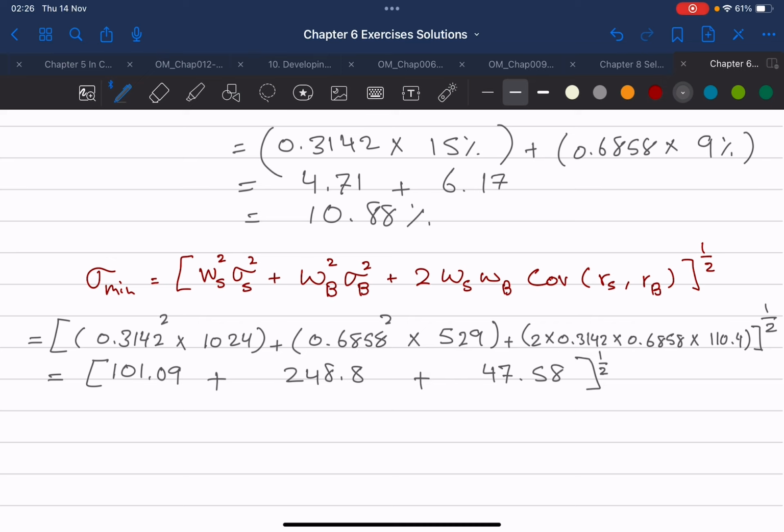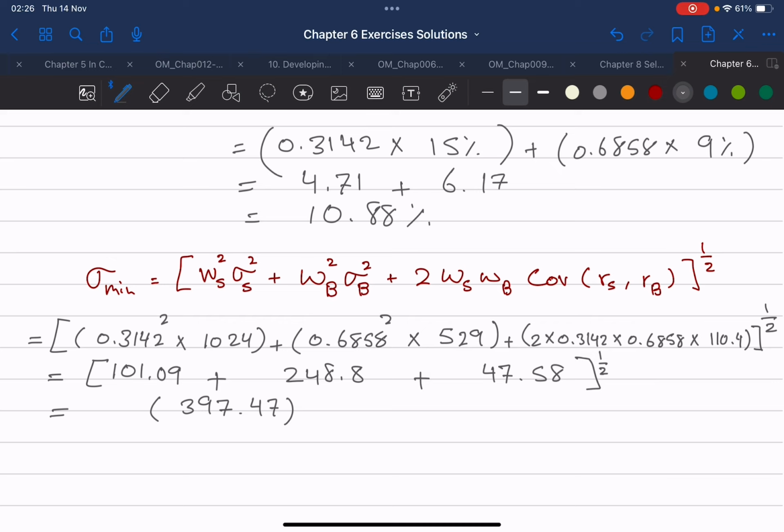Okay, so I'll simplify this further now. 101.09 plus 248.8 plus 47.58, we'll get 397.47.